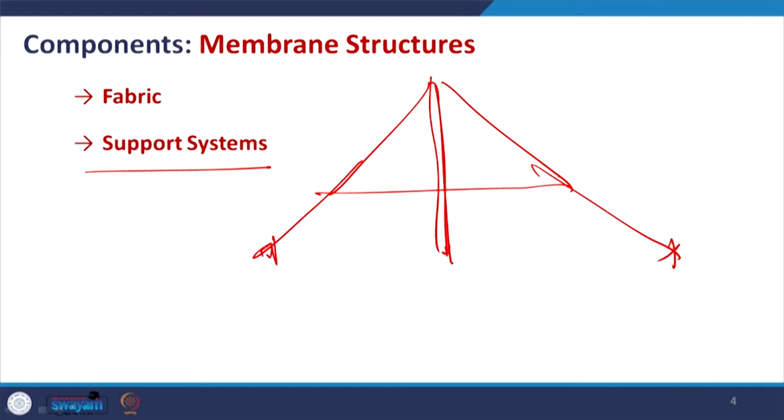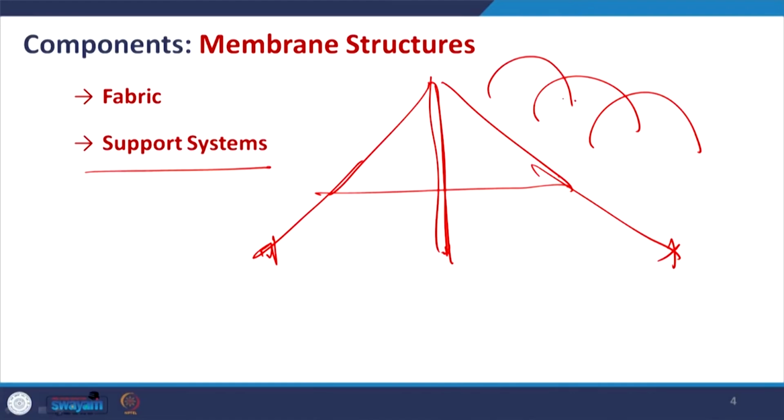It may not be a single mast, it may be a particular arch form. So, we create multiple arches to create a tunnel, and then we just cover it with the membrane. So, this is one kind of form where we can use the arch, or sometimes instead of a single arch we can also go for the space frame.